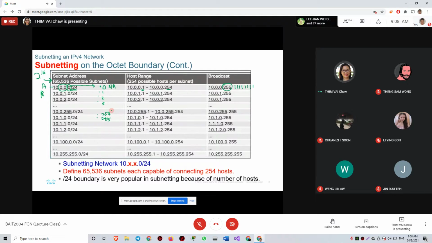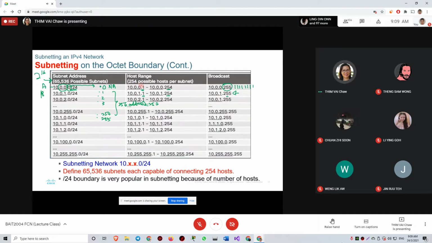So that's why over here you have 256 addresses. Minus 2, you have 254 usable addresses. So each network has the same number of usable addresses. You can see that the change is only at your network portion.